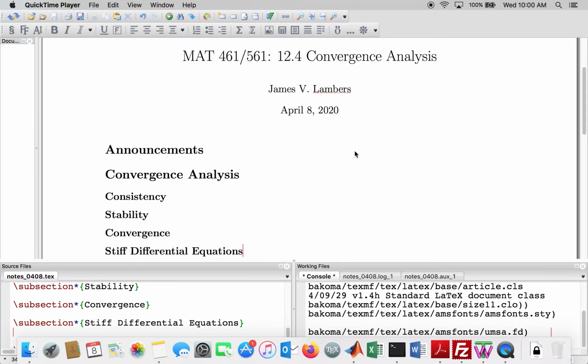Today we'll focus on consistency, then Monday stability and convergence, and then on the following Wednesday stiff differential equations.